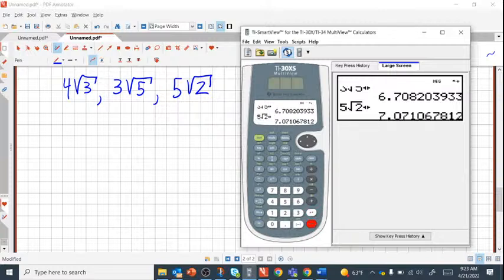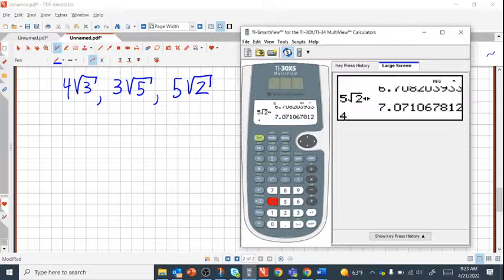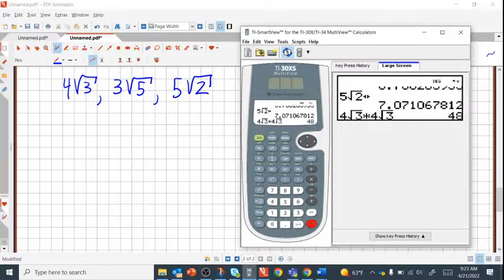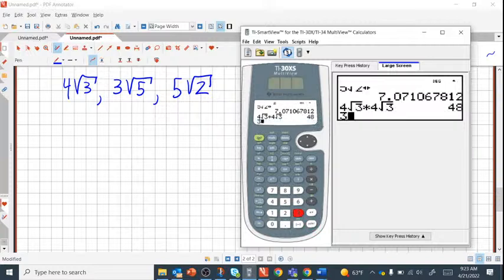So now we're going to see what 4 root 3 squared plus 3 root 5 squared is. 4 root 3 times 4 root 3, that's 48. 3 root 5 times 3 root 5, that's 45.